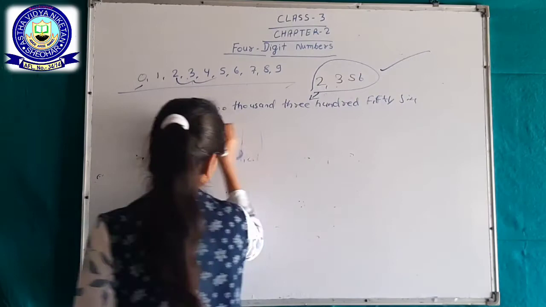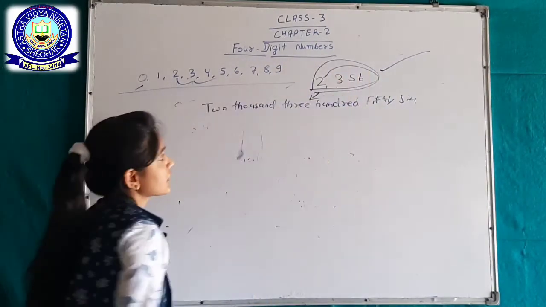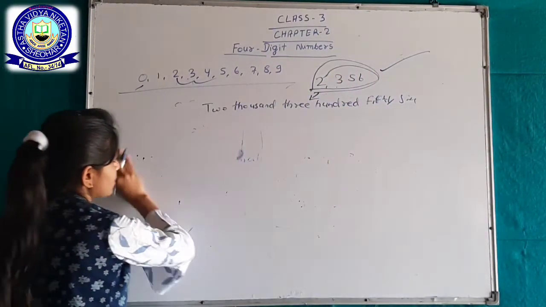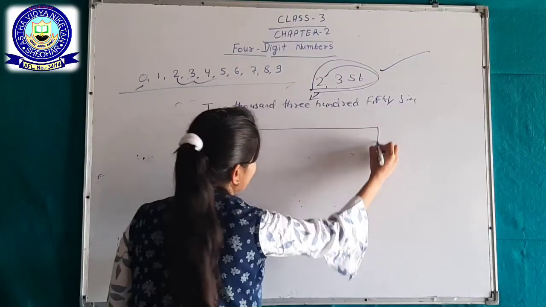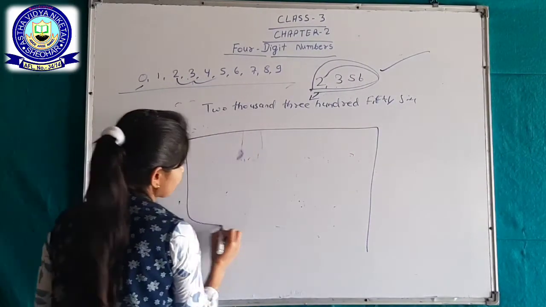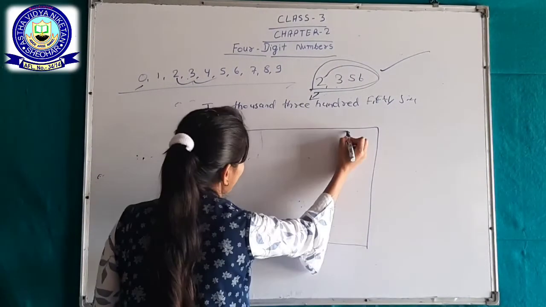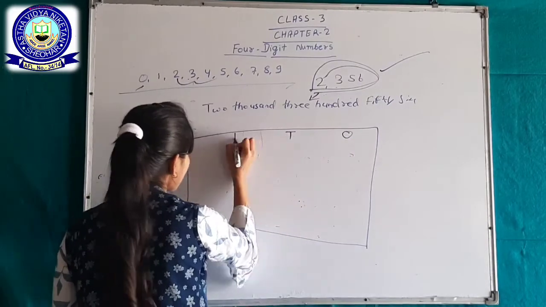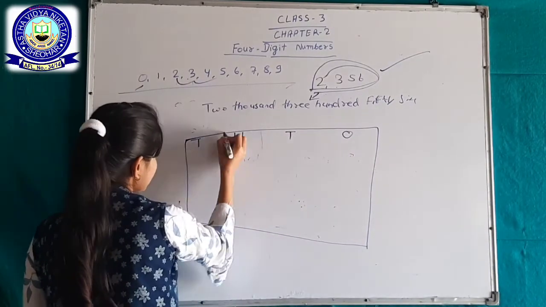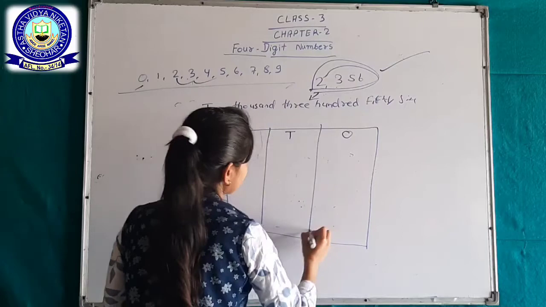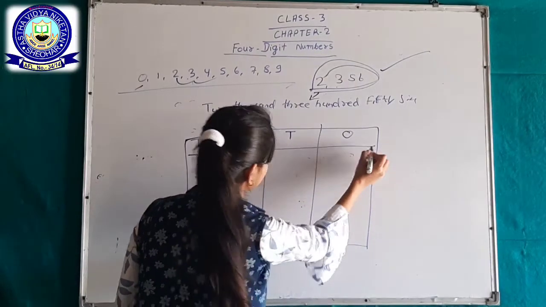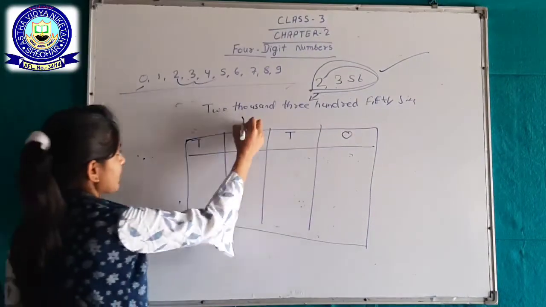When you have to write 2356 in a place value chart, first of all you have to draw a box. We all know ones, tens, hundreds and thousands.